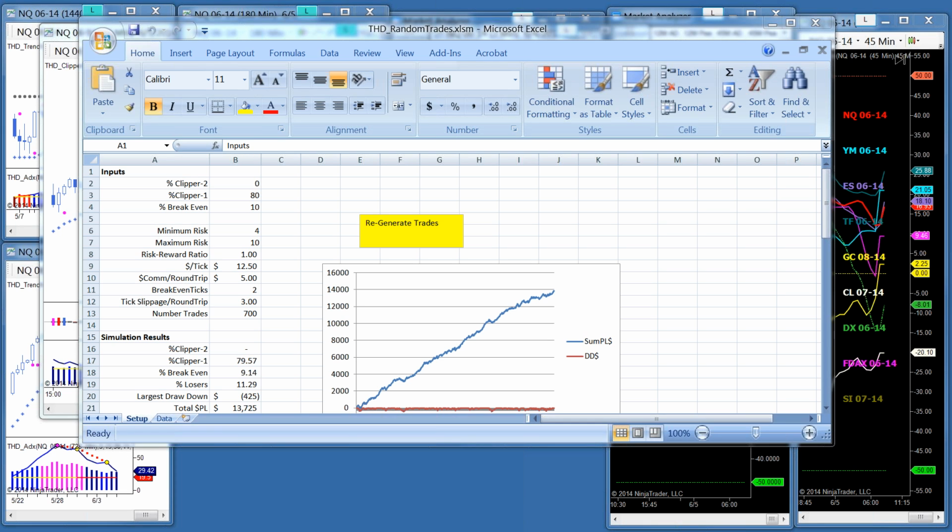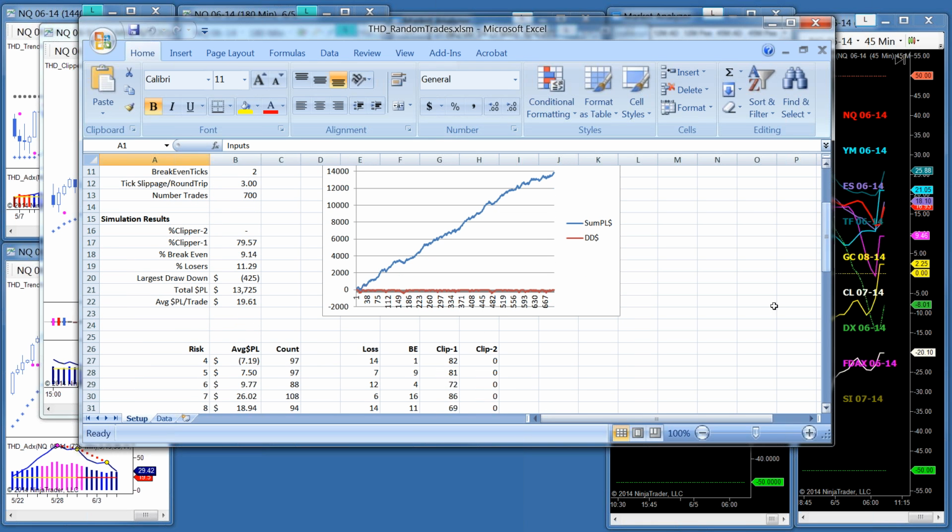And even then, at 80%, okay, your average profit or loss per trade is $20 basically. You took 700 trades and your average profit was $20.